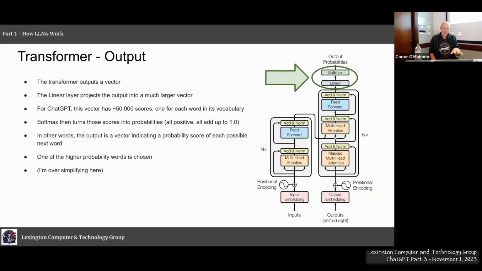But also I'm oversimplifying here a little. It takes advantage of something called beam search, where it actually looks at combinations of words. But in essence, just think of it as: out the other end of this is going to come an analysis of every possible word and the probability of that word being next. And then it chooses one of those words.